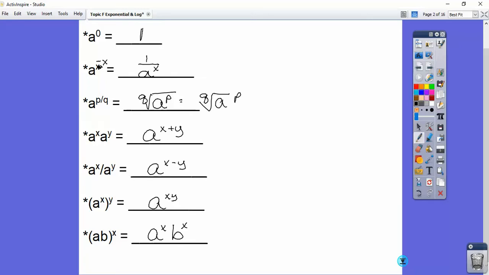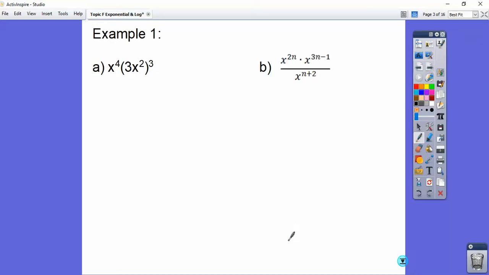Questions there? So I just want to do some problems, simplifying things with exponents.